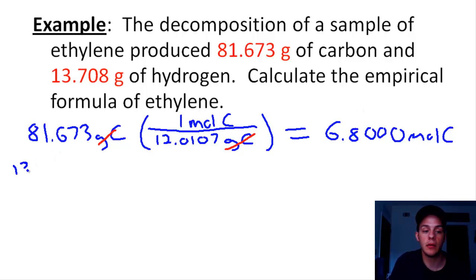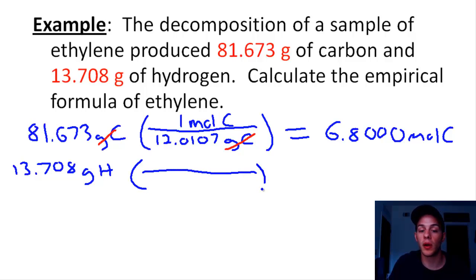So now we're going to do the same thing with hydrogen. We have our 13.708 grams of hydrogen. And we're going to use the molar mass of hydrogen to convert from grams to moles. So that's going to be 1.00794 grams of hydrogen per 1 mole of hydrogen.